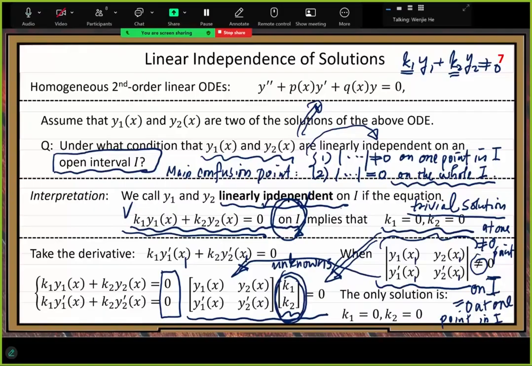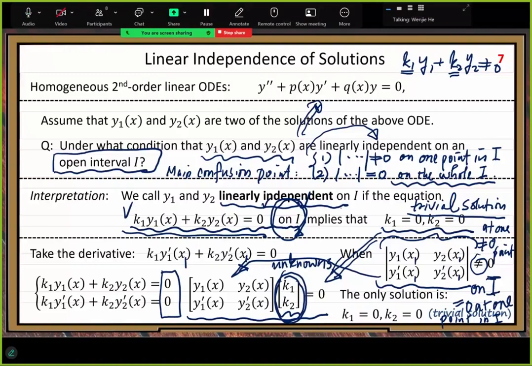All right, so that's this topic, linear independence. Later this result can be generalized to nth order homogeneous linear ODE.